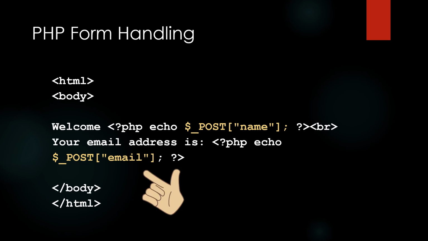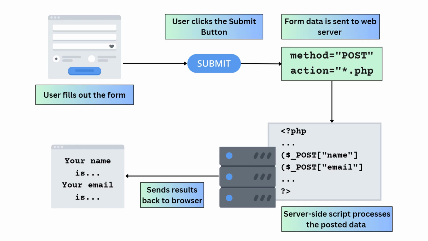Now let's think about security and user experience with our form and see how we can process PHP forms with security in mind. Proper validation of form data is important to protect our form from hackers and spammers. This is a diagram of how our form would work.